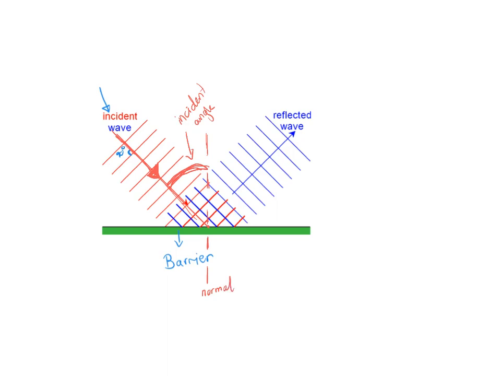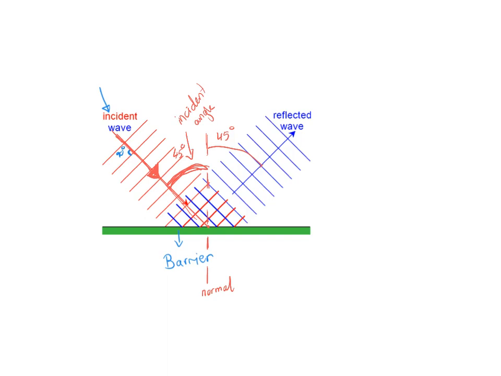Then what you see is the reflected wave, as wavefronts and as a ray. And this angle is actually 45 degrees. And if I go to this one, this is also 45 degrees.